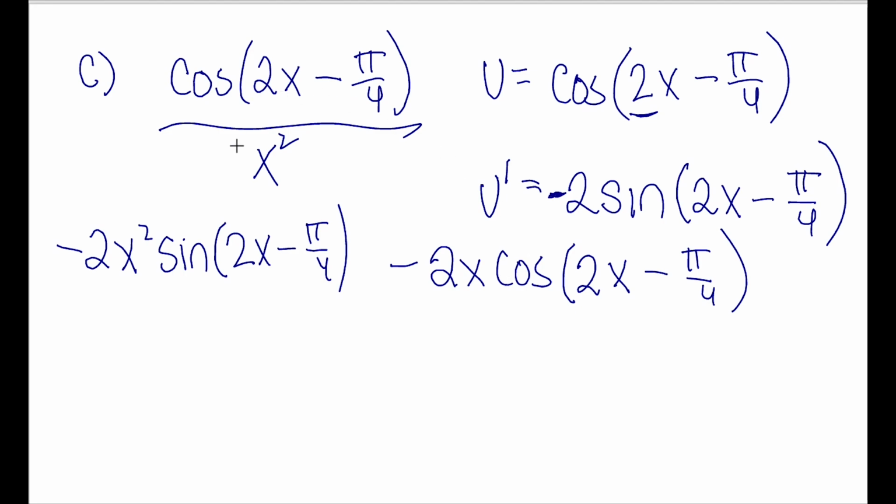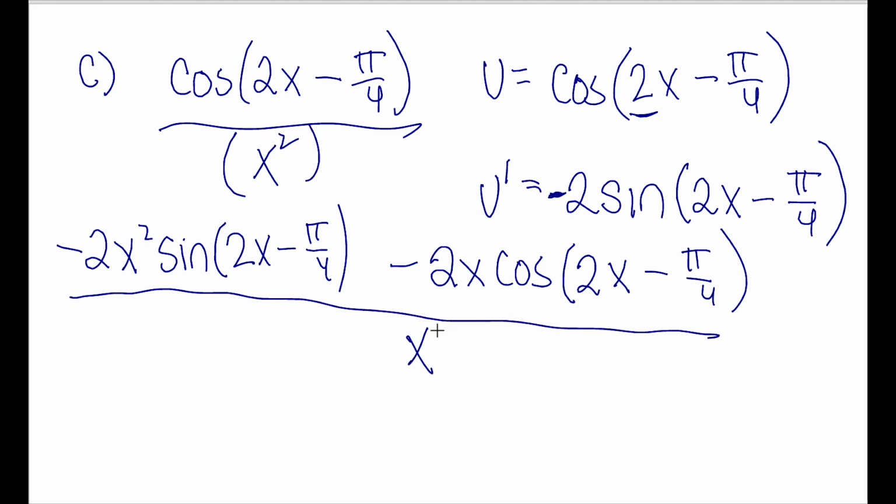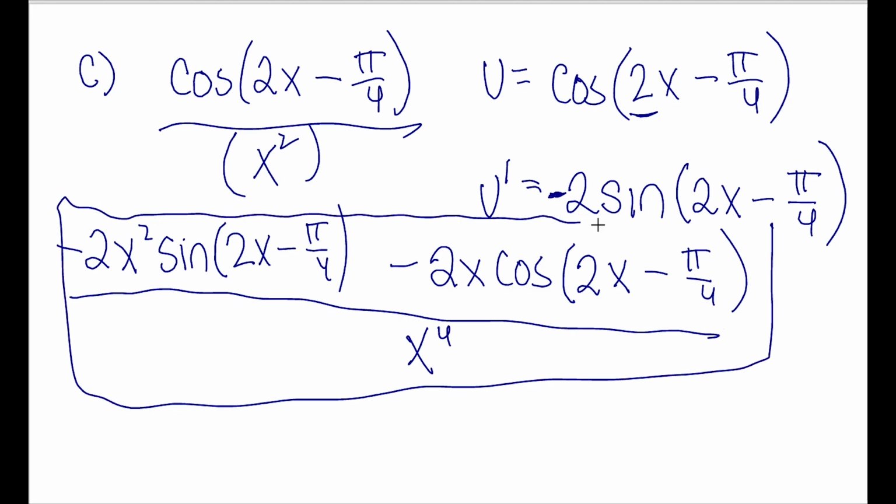And put that all over v squared, which is x to the 4th. You can simplify more if you want to, but you don't have to, especially if you're plugging in a value for x to find a gradient.